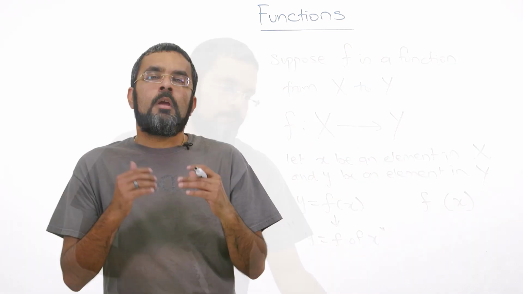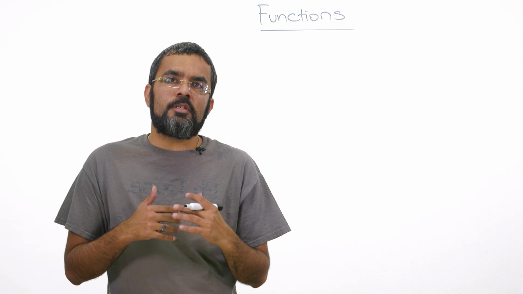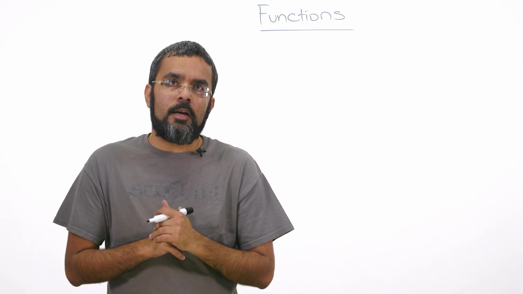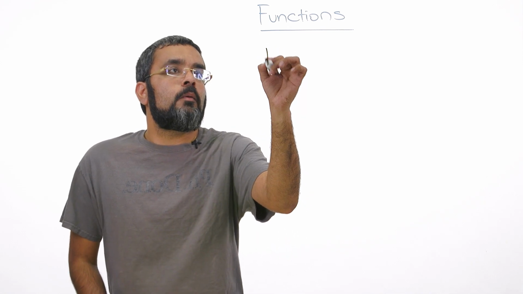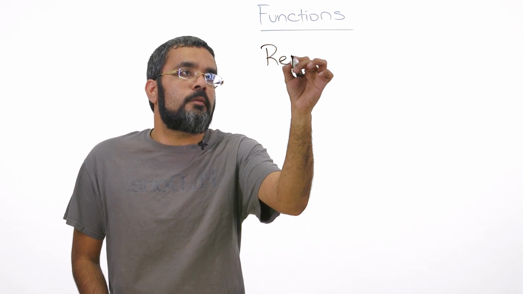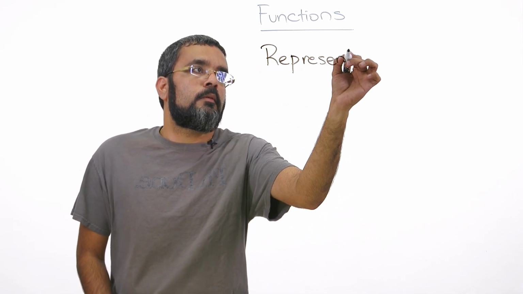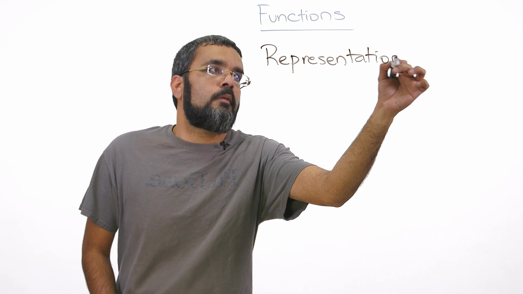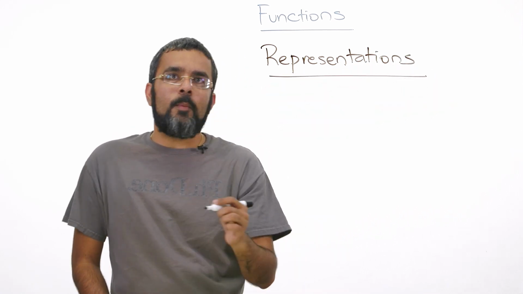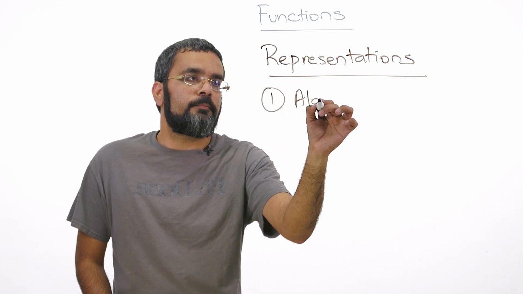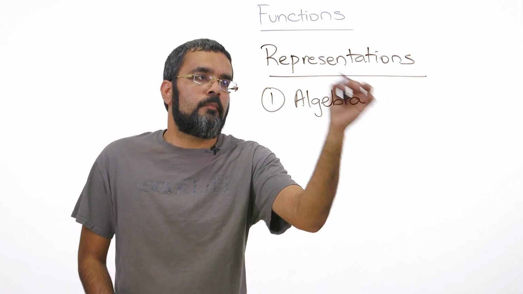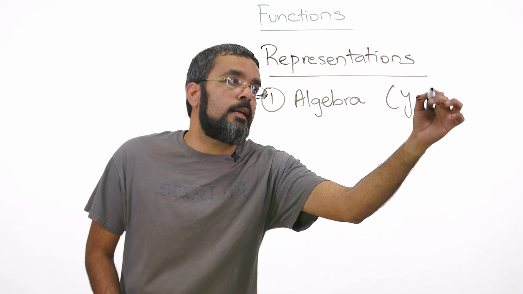Okay. So now we can represent functions in 3 different ways. I'm just going to list them out here, and we're going to look at them in more detail in the next video. How do we represent functions? The 3 ways we represent functions: one is using algebra, or precisely y equals f(x).